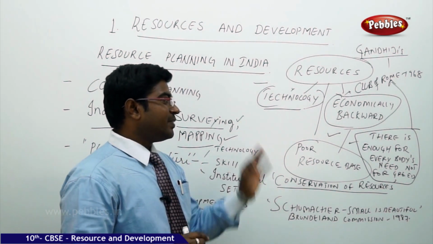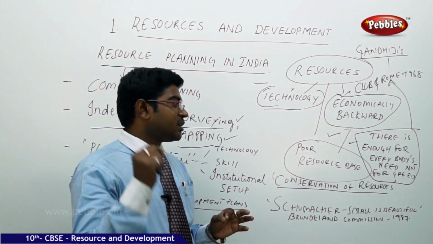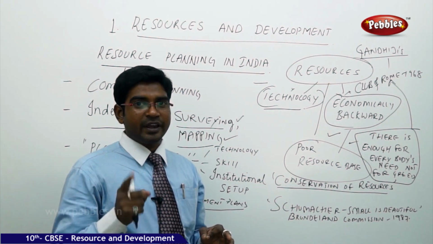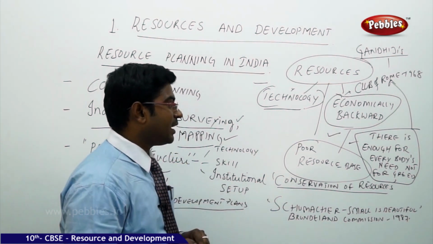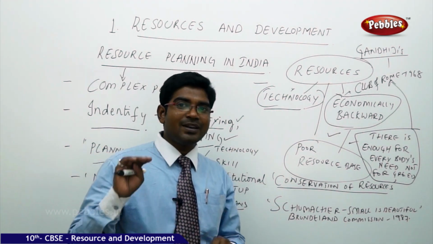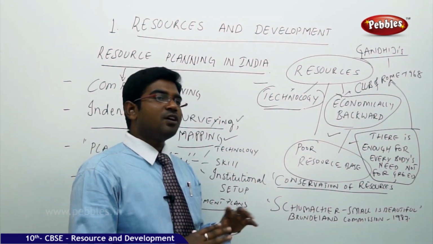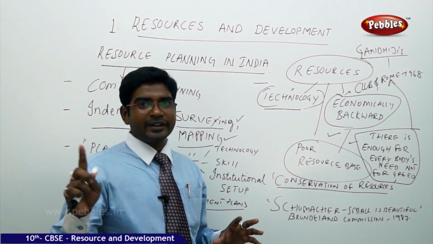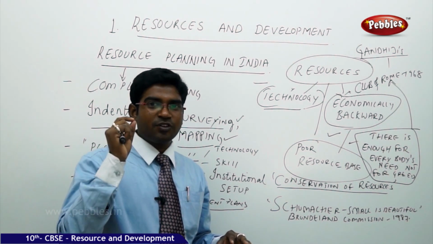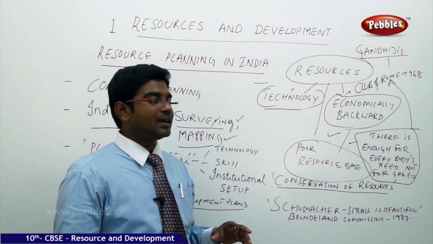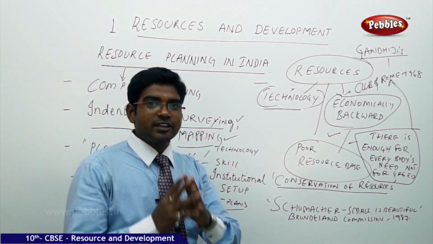He said that there is enough for everybody's need, but there is no end for greed. That's what he quoted in a simple line. So if you are greedy for too much, you will not get anything. If you are expecting your natural share, definitely you can expect to get that. That's how Gandhiji expressed his view.